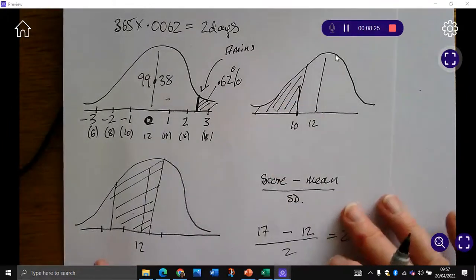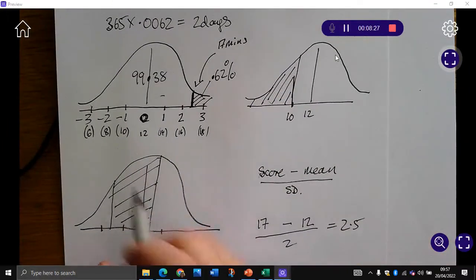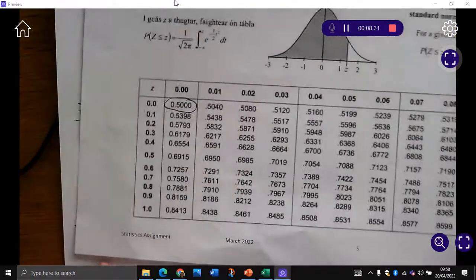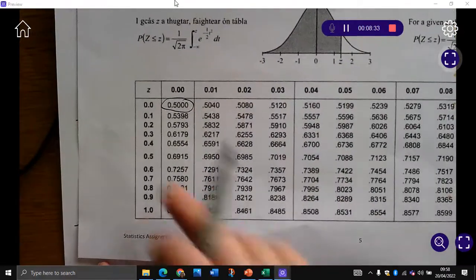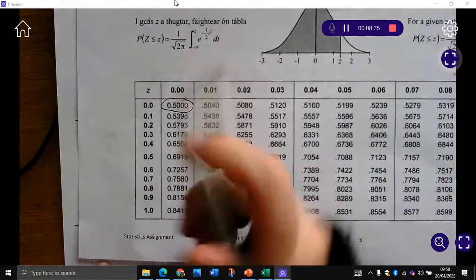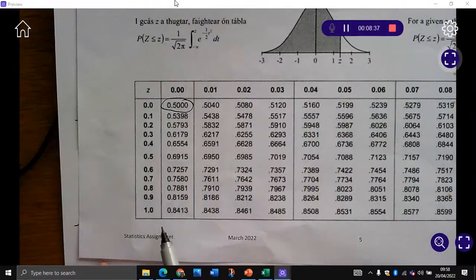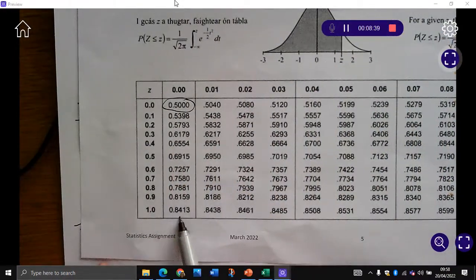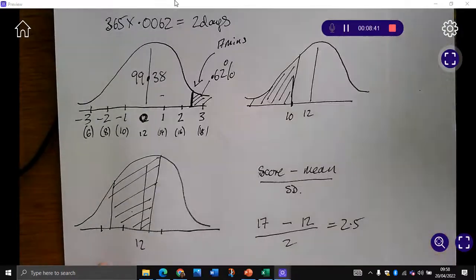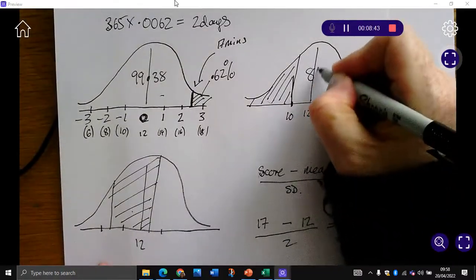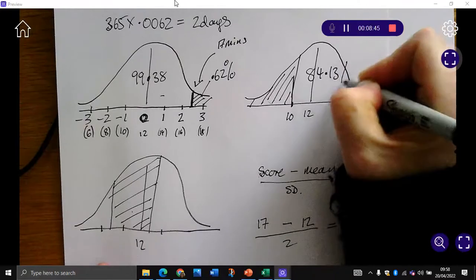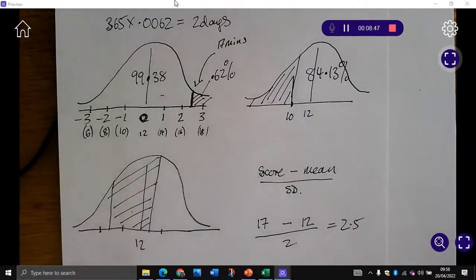Less than 10 minutes. So we know that 10 minutes is 1 standard deviation below. However, we're a bit stumped here because these are positive. It stops at 0. But because it's symmetrical, we can use this figure, 84.13%. So this side is 84.13%. Common sense. Okay?